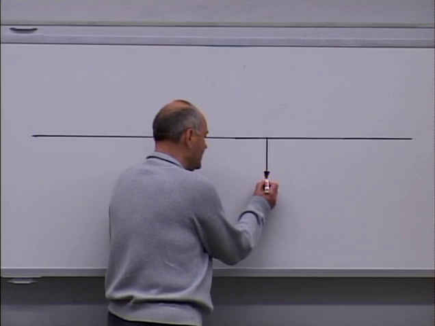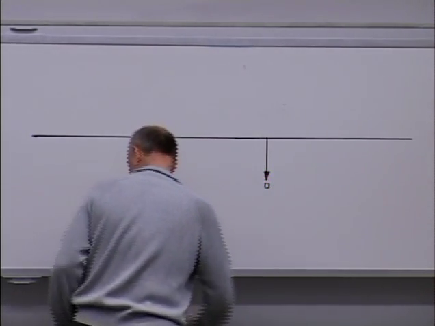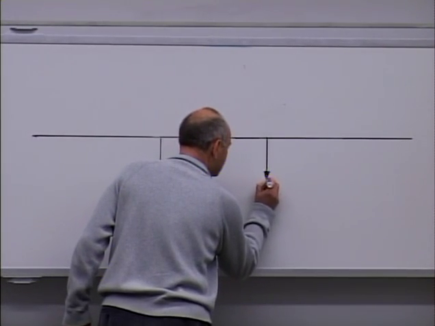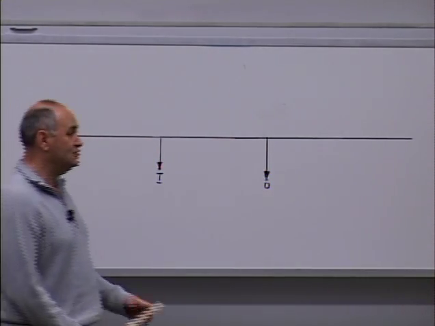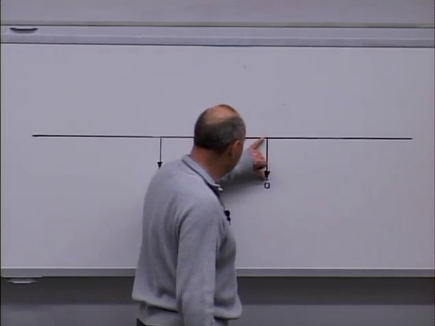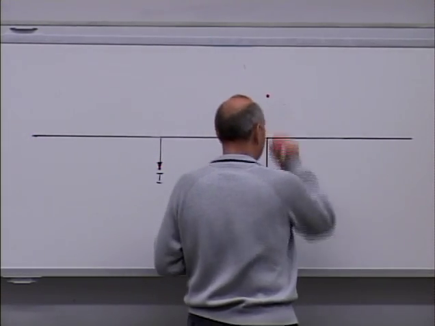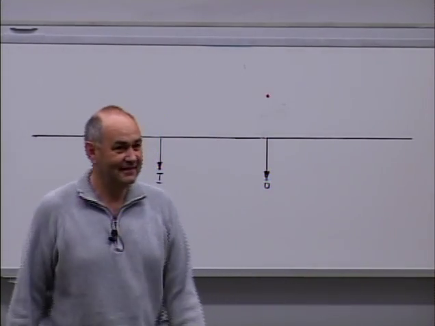The object chief ray passes through this point, which means that the image chief ray passes through a point which is symmetrical to this one. So it passes through this point, right?